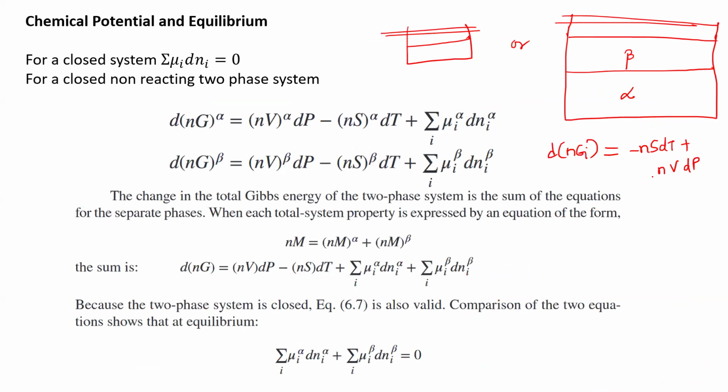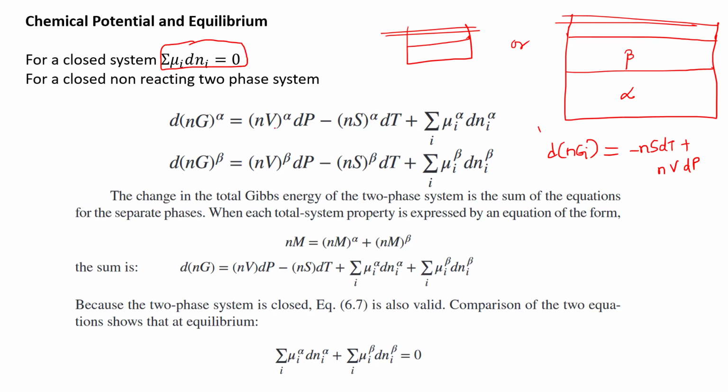So both of these are followed. It implies that the sigma of mu I dNI is 0 for a closed system. I'm talking about the whole system. Even if it's a single phase, that is followed. That's why we have removed that term, and only this term is expressed for the single phase system, right?